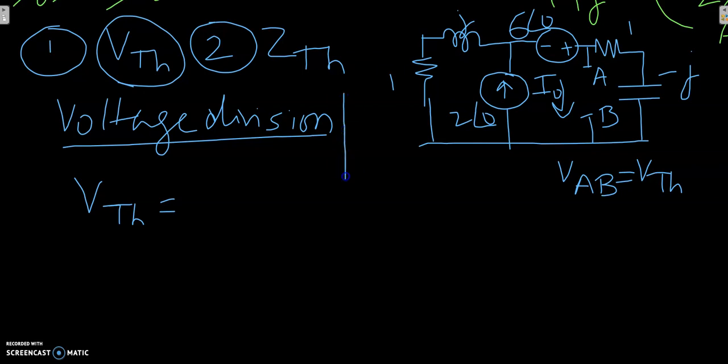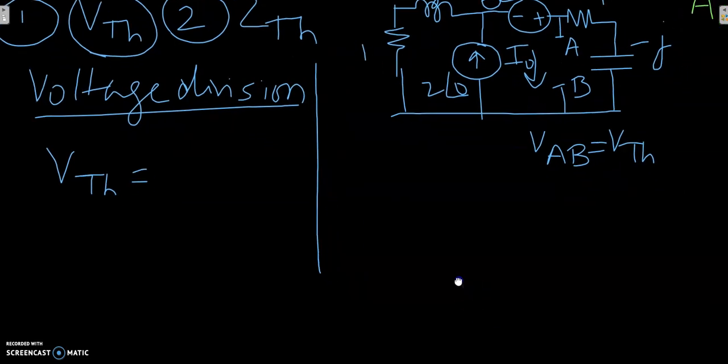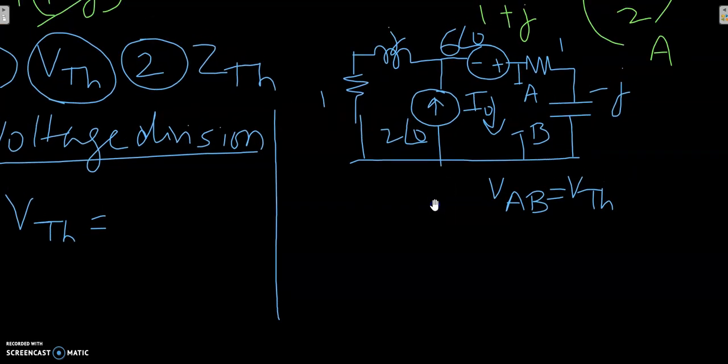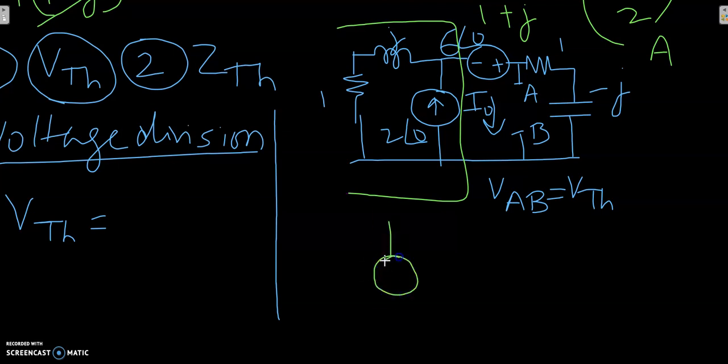Before applying voltage division, let me convert this circuit by applying what is known as the source change. We will change this source and replace it by its equivalent voltage source. Let me redraw the circuit here.